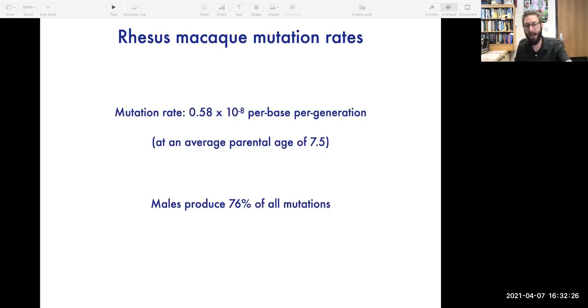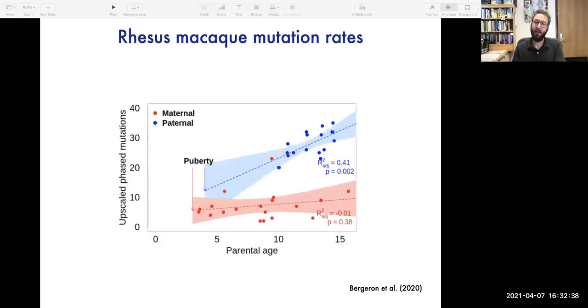The mutation rate now is 0.58 times 10 to the -8th per base per generation at an average parental age of 7.5 years. And again, males produce 76% of all the mutations. As it happened, and this rarely happens in this field, a different group sequenced a bunch of Rhesus macaque pedigrees at about the same time.